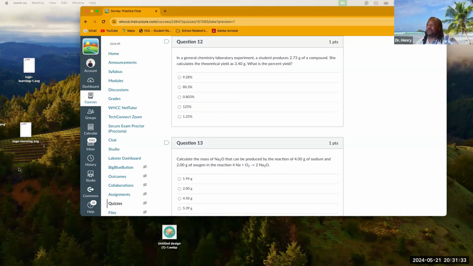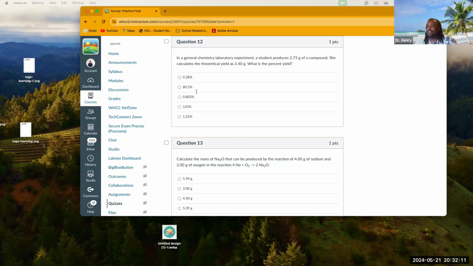In a general chemistry laboratory experiment, a student produces 2.73 grams of a compound. She calculates the theoretical yield as 3.40 grams. What is the percent yield? That's right.